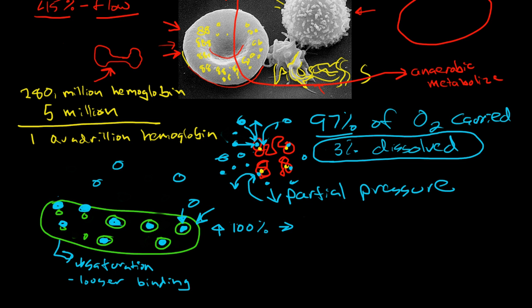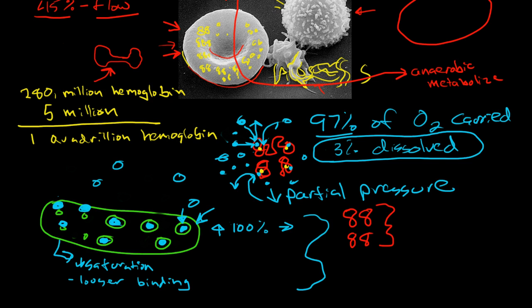So what changes the nature of whether it's tight binding or looser binding? Well, it is due to a conformational change in the shape of the hemoglobin. And there are certain things that cause the hemoglobin to change shape.